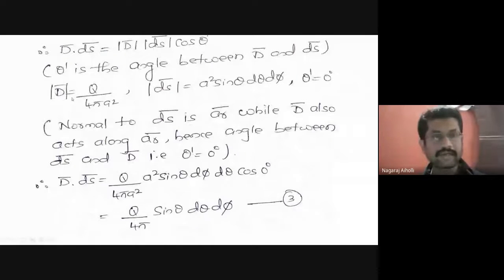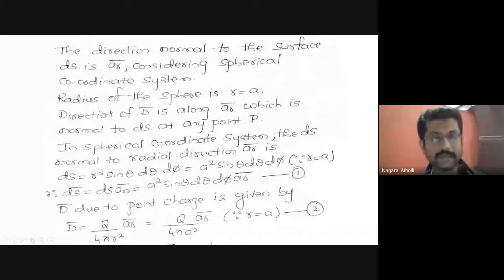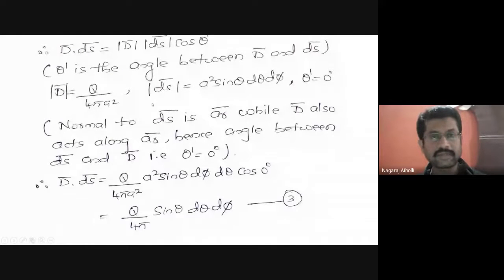D bar is given by q by 4 pi a square. The equation for flux density due to a point charge is q by 4 pi r square, or q by 4 pi a square. Then ds bar, we are considering only the magnitude here.